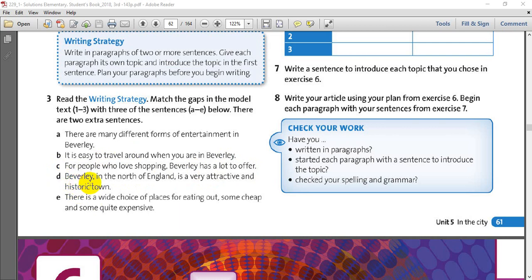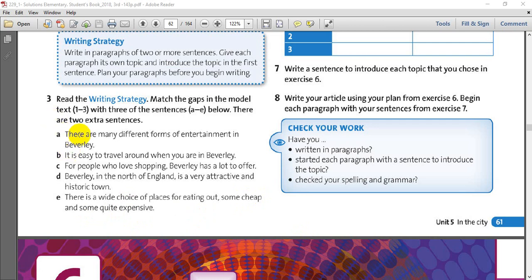D. Beverly in the north of England is a very attractive and historic town. E. There is a wide choice of places for eating out, some cheap and some quite expensive.